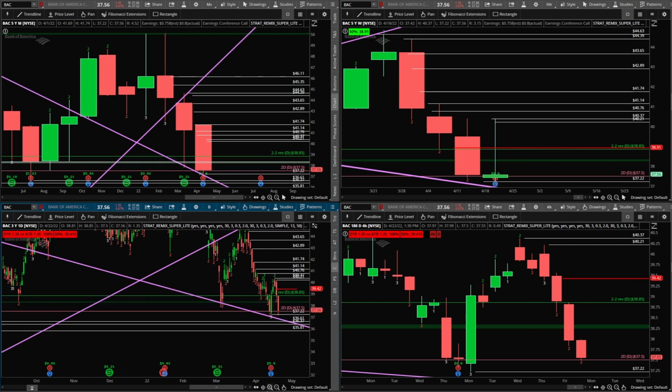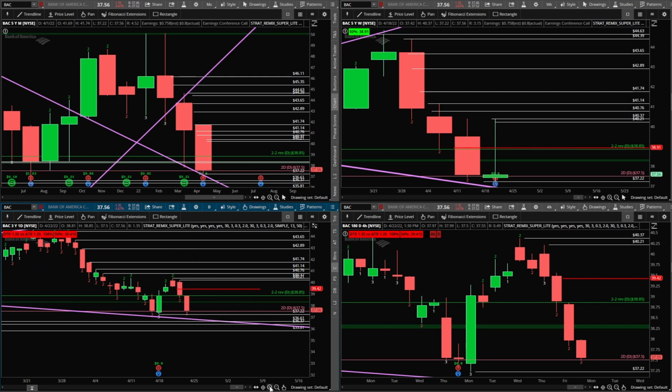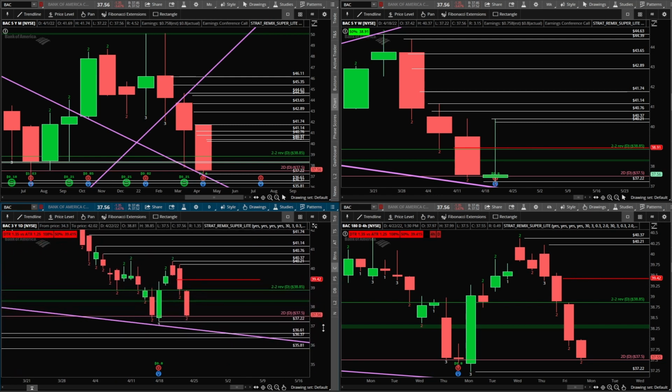So that's our broadening formation there. Notice I'm not talking about the top of any broadening formation right now. That's kind of a bummer. But hey, that's one of the things that we like to do, right? We can play both sides with options, the short side and the long side. Don't need to have a massive account to be able to play the short side on it with options.